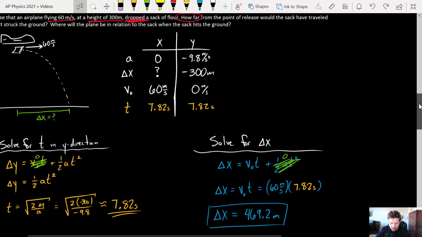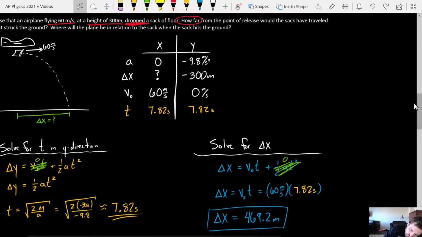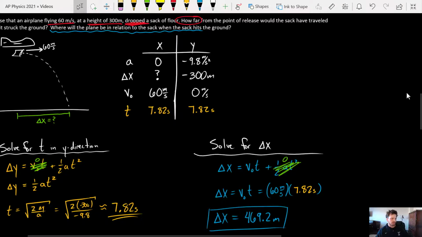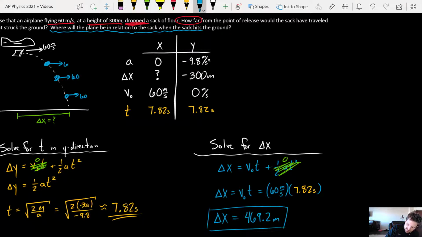But the other part of this question says, where will the plane be in relation to the sack when the sack hits the ground? Basically, both of these things are going 60 meters per second to the right. Remember, if we drew that vector anywhere on this bag's path, it would always be going 60 meters per second to the right, just like the plane.